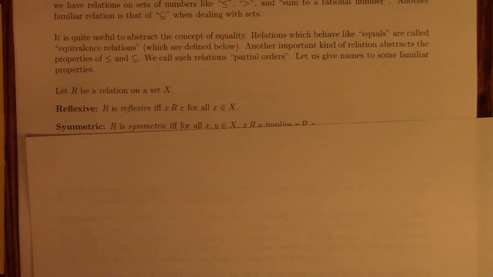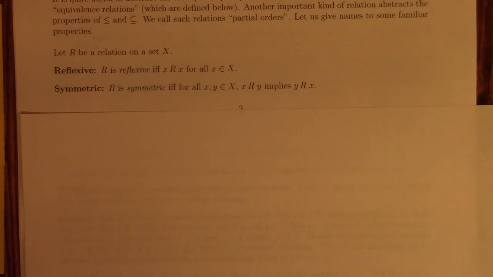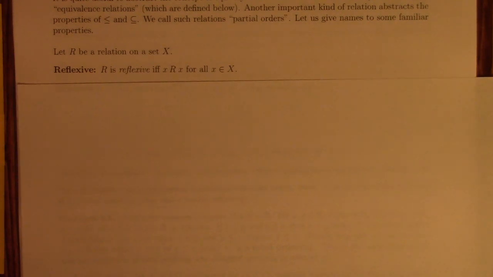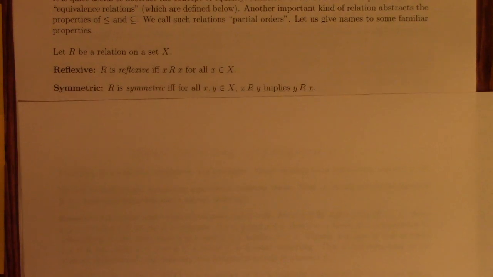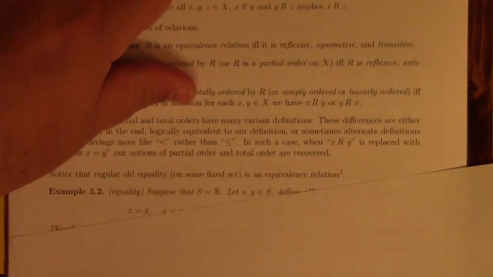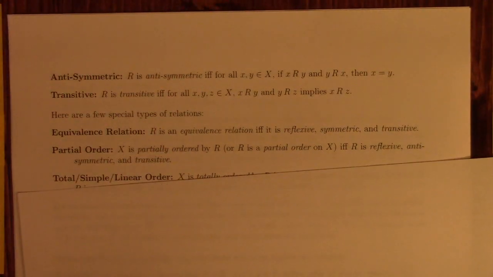All right, so let me just get to it here, the name calling. So let R be a relation on a set X. It's said to be reflexive if X is related to X for all X. That's reflexive. It's unfortunate that the page did that there. I'm going to go ahead and write it on here again.